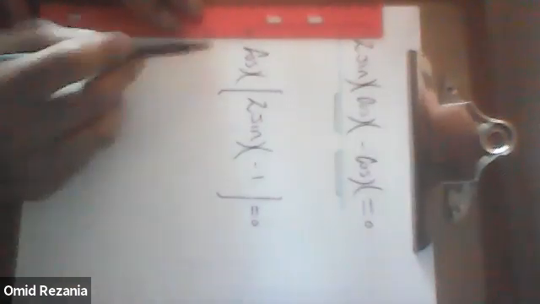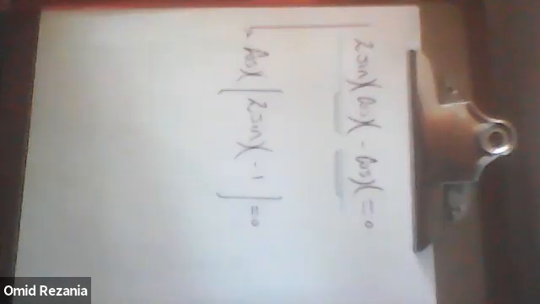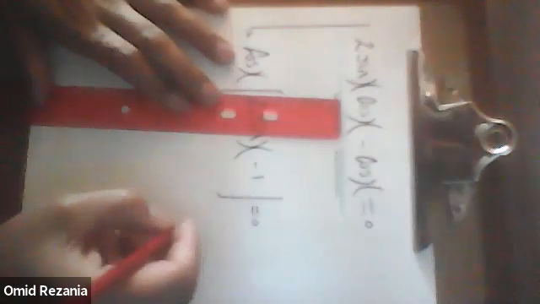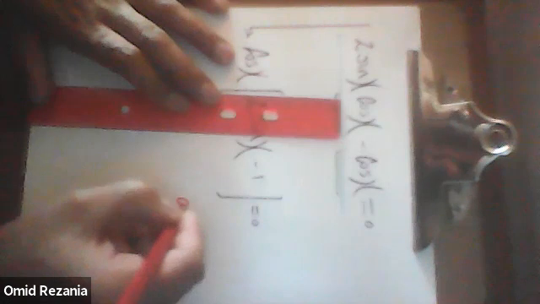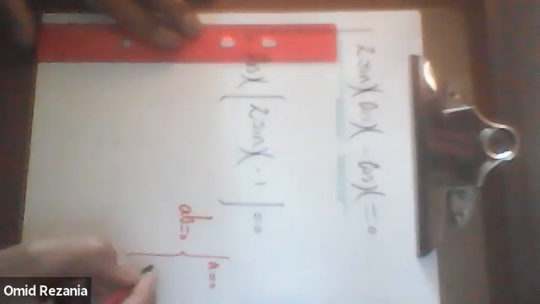I'm going to take the second step by looking at the terms which I have. We also talked about that yesterday. What did we talk about yesterday? We said that if you have 2 terms, for example, A and B, multiplied together and they are 0, it essentially means that either A is equal to 0 or B is equal to 0.